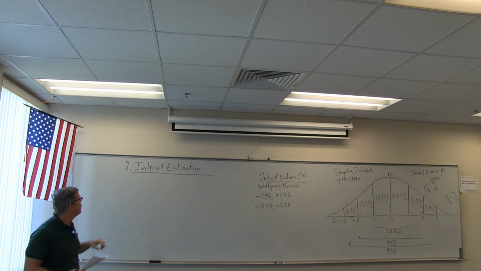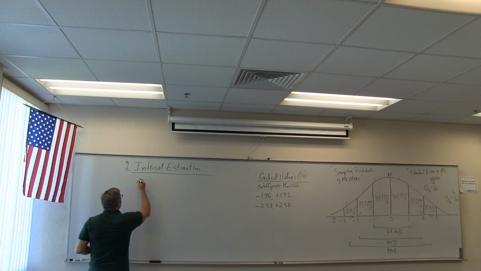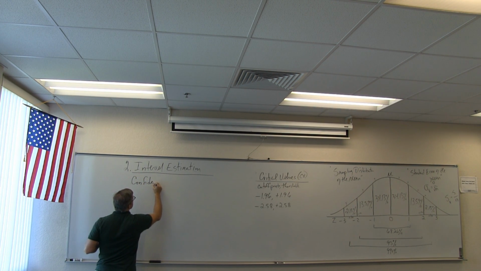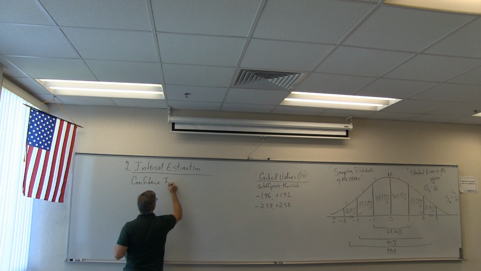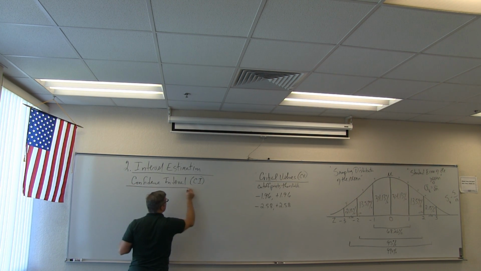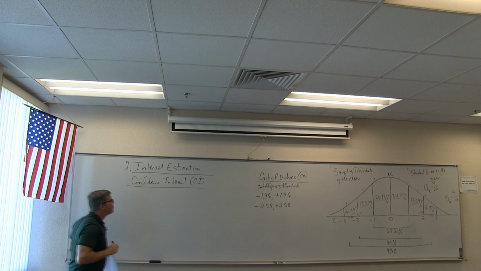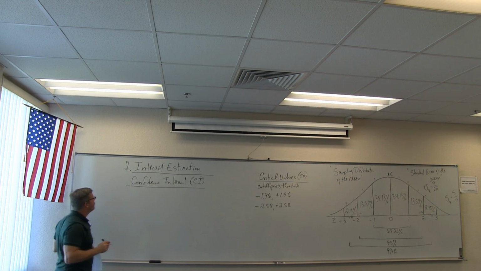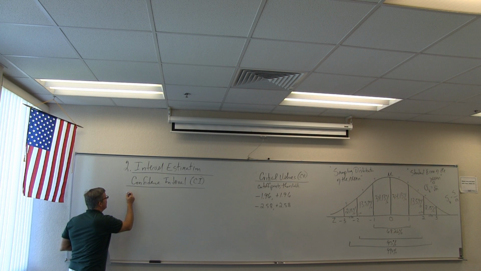Look at chapter 8. How we make this determination is through computing what we call a confidence interval, abbreviated CI. It actually has a formula. Write this down: CI with a little .95 underneath.